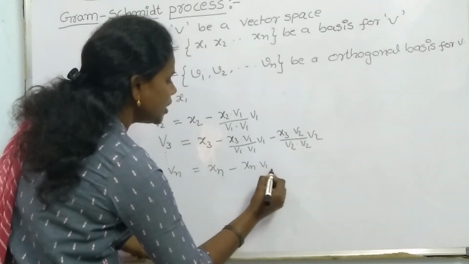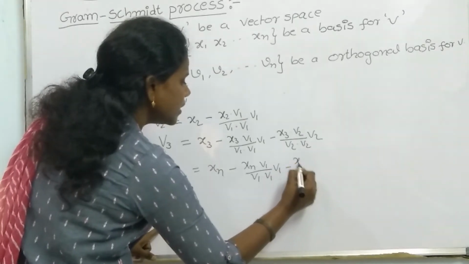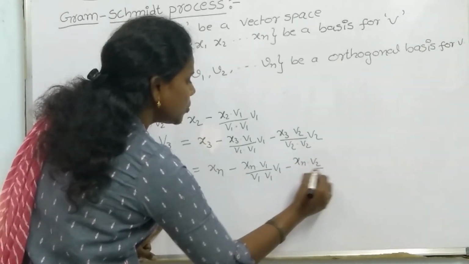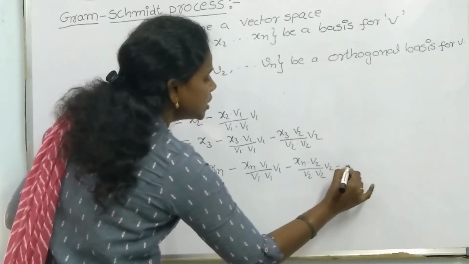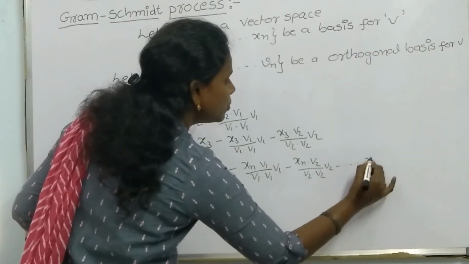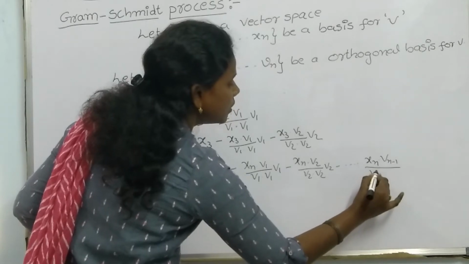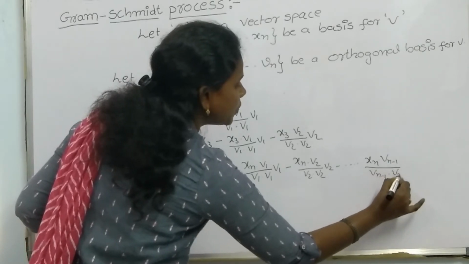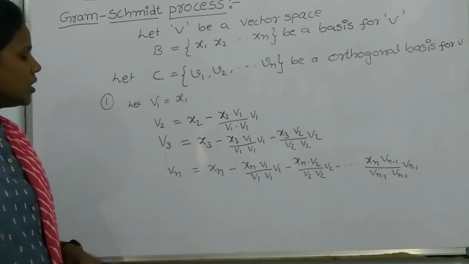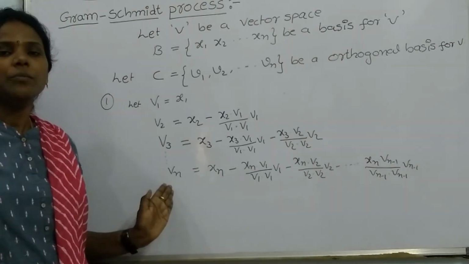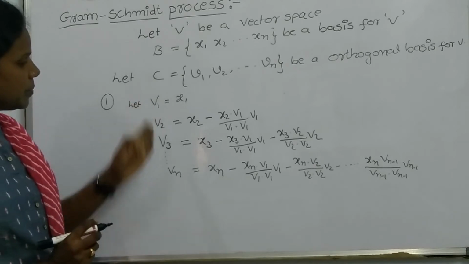So like this, Xn dot V1 by V1 dot V1 into V1 minus Xn dot V2 by V2 dot V2 into V2 minus and so on, continue up to Xn dot Vn minus 1 by Vn minus 1 dot Vn minus 1 into Vn minus 1. By using these formulae, we will find V1, V2, V3 up to Vn. So try to remember these formulae.